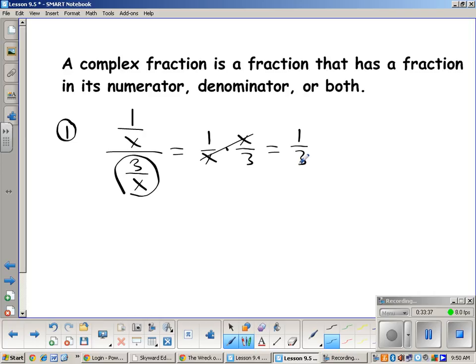Okay? And so that I don't end up in a real mess here, I will not make one of these up. So let's instead grab one here. 1 over x plus 1 over y, over 1 over y minus 1 over x.